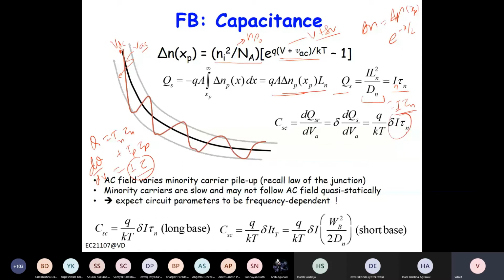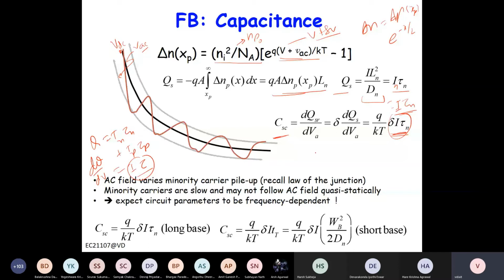So that we call a small variation in Q, delta I tau N, and that will be your capacitance, right? Now I gave you one homework also, where I told you that if the length of this region is W, and it is comparable to the diffusion length or smaller, what will happen?